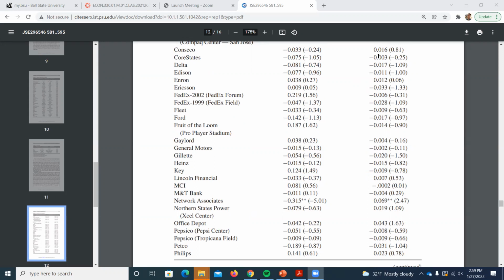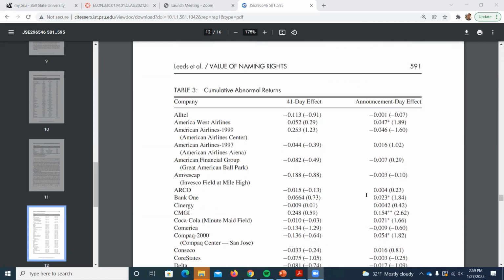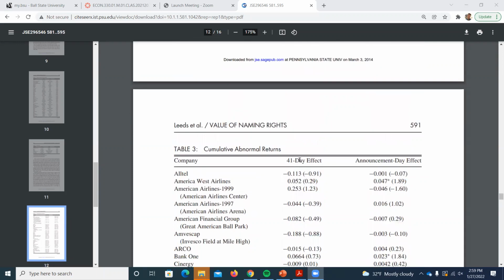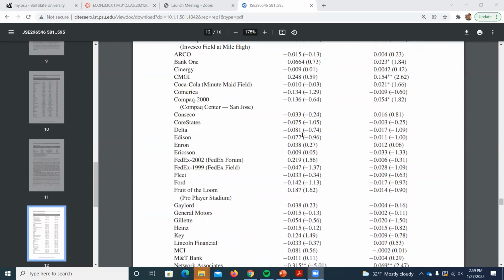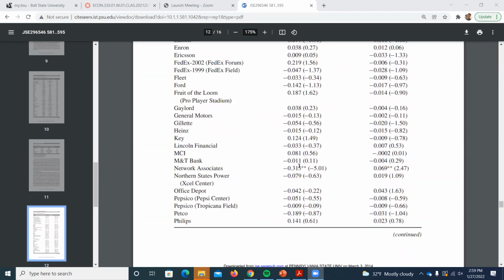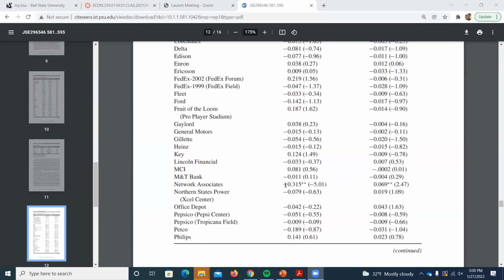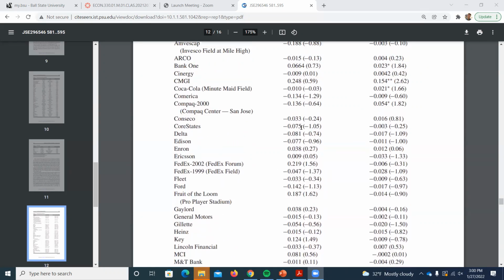And the reason why that might be a good thing to do here is because I've got a positive effect on the day after the announcement, but 41 days after, look at the effect. Is anything significant here? The only one that's significant is negative, right? And a lot of these, even though they're not significant, there's a lot of negative effects here, right?